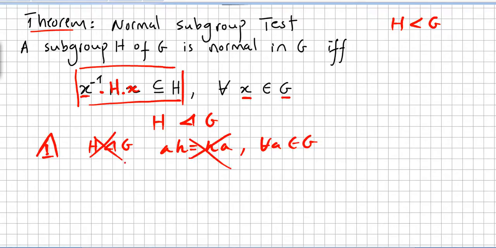That's not what being normal means, because A should be in G and H should be in H. But this is not what normality is. Normality is this product, the left product and the right product with a certain subgroup of G.